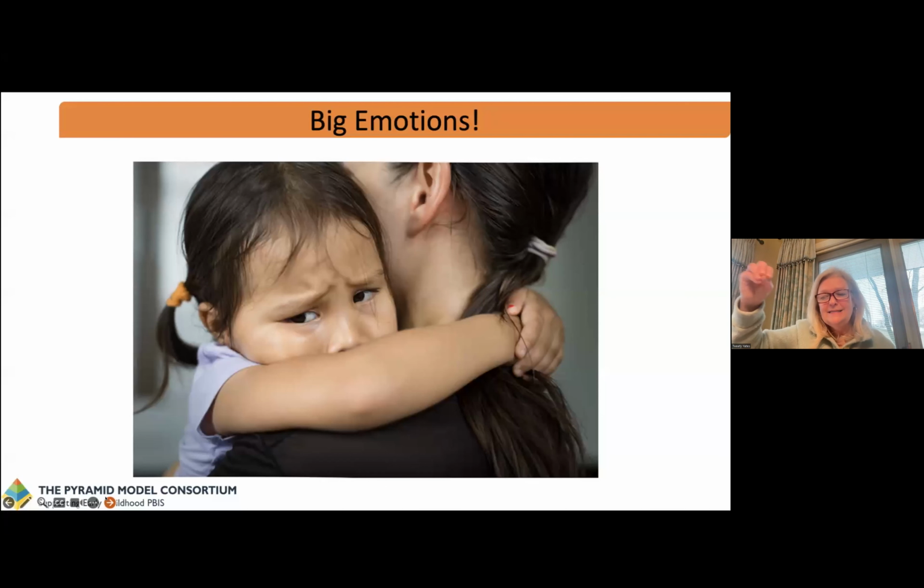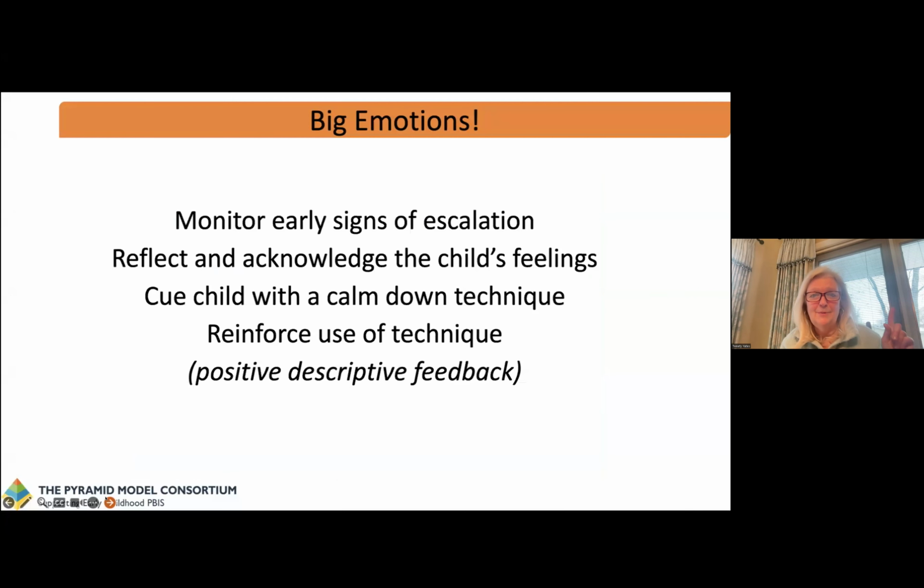And when we've tried to set up this environment of all feelings are okay, then they also need to know that when they get too big, we're there for them, that they can come to us. Because when children's emotions are high, their logic and language often tend to be low. And that's when we want to connect. So just keeping in mind that we want to set it up where they also know we're there for them when they're having these big emotions.